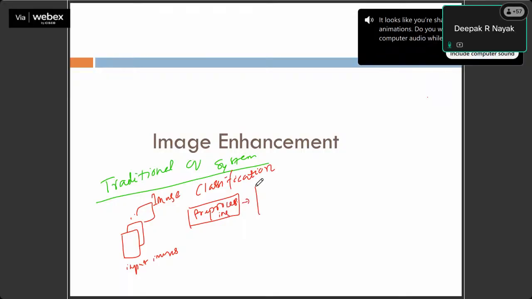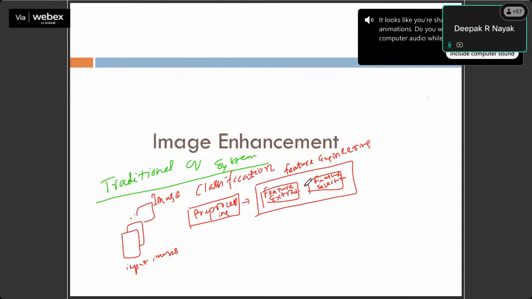The next stage is feature engineering, where you will find two steps: one is feature extraction, and one is feature dimensionality reduction or feature selection. This is then followed by classification.